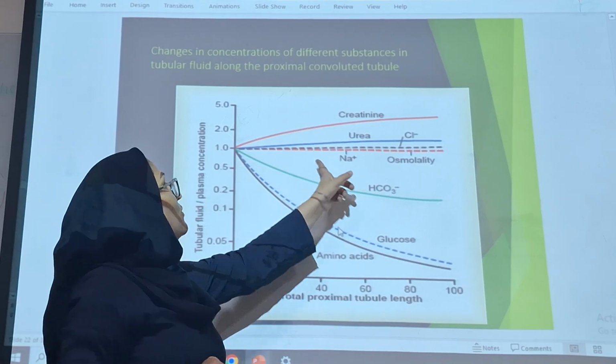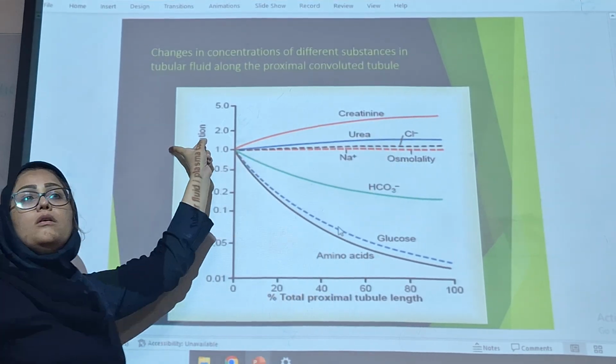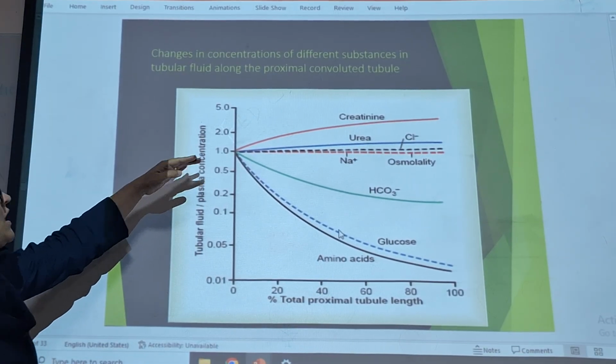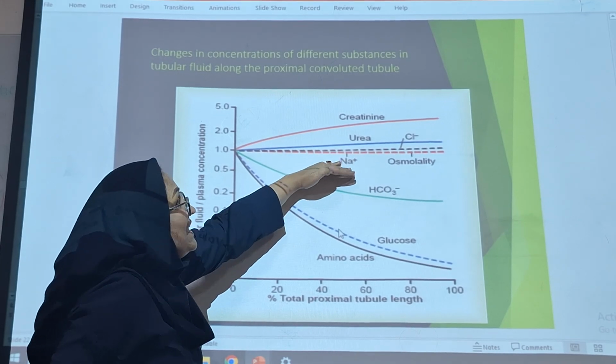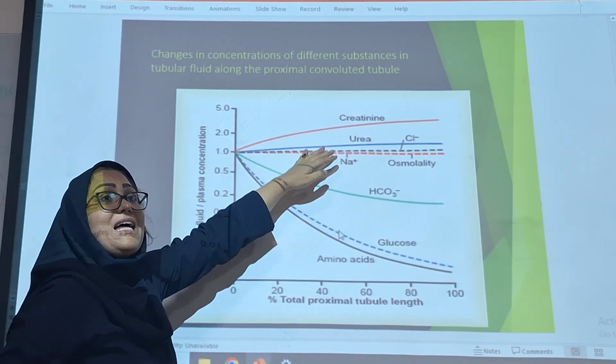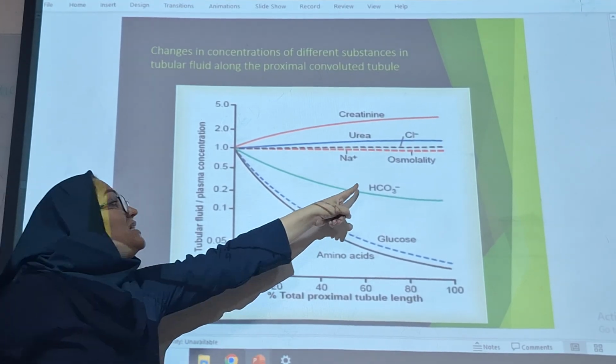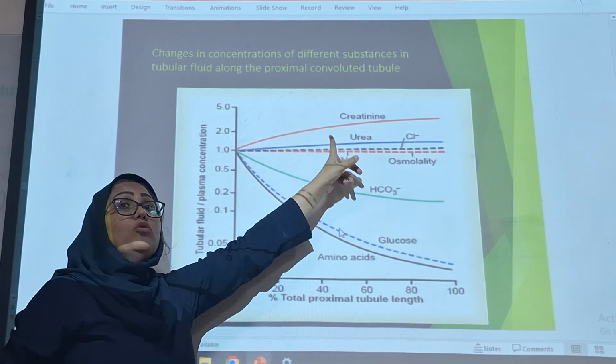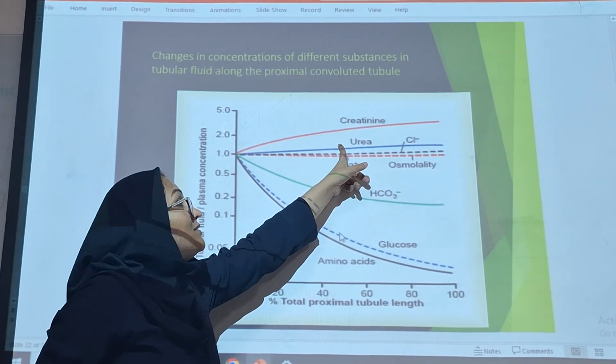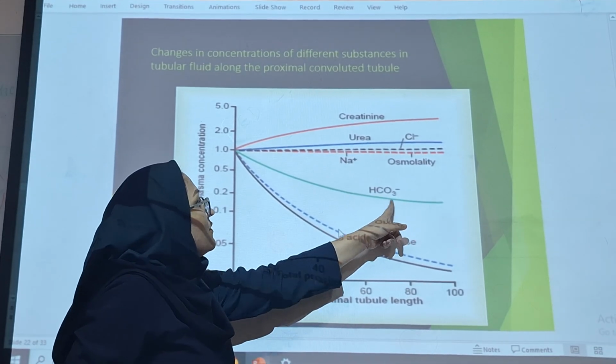For this reason, osmolarity remains 1. Was it clear? Values less than 1 mean these are reabsorbed more than sodium and water.